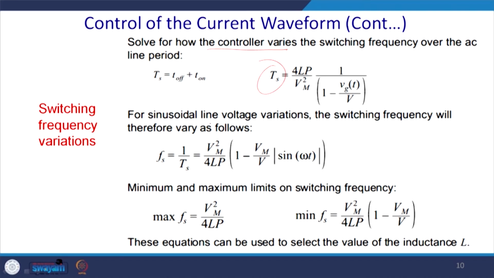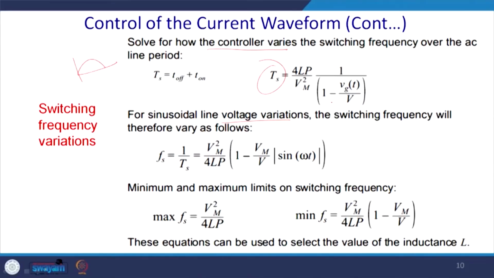For sinusoidal line variation, we assume that since it is 50 hertz and the switching frequency may be in kilohertz, with respect to the switching frequency and a particular operating point, we can consider that this Vg is almost constant. That is our approximation. So, it is a quasi static process.